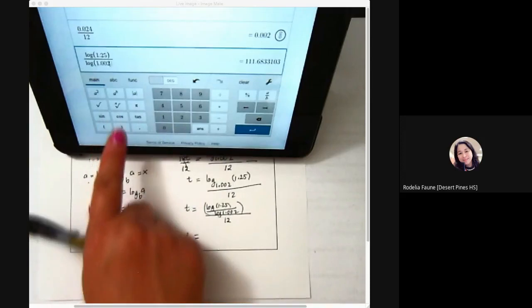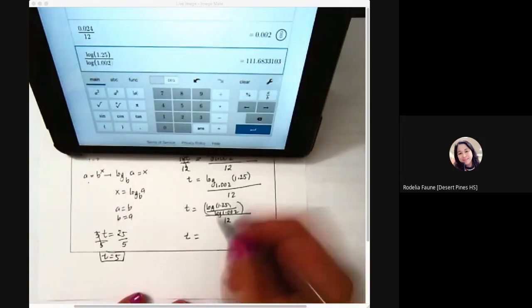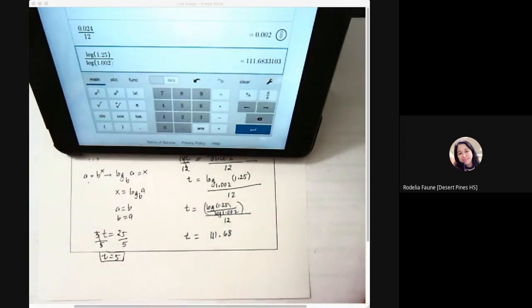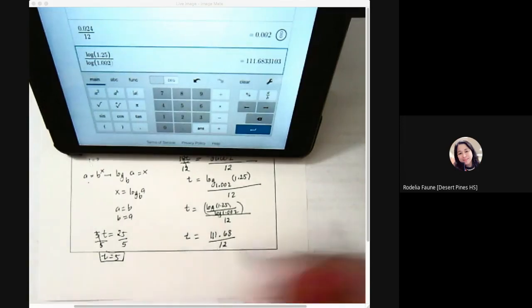We close that. There we have it. 111 point, let us round it to 2 decimal places only. And then divided by 12.